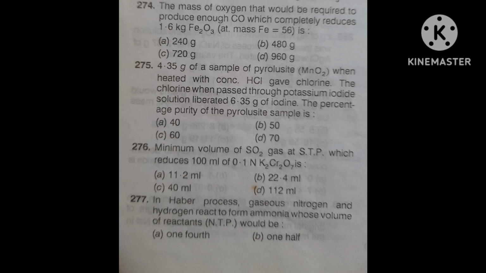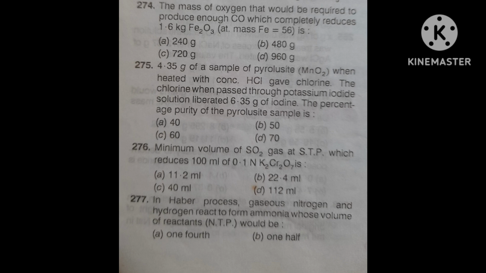Atomic mass of Fe is equal to 56. It is given. Four options are there. First option 240 gram, second option 480 gram, third option 720 gram, fourth option 960 gram.